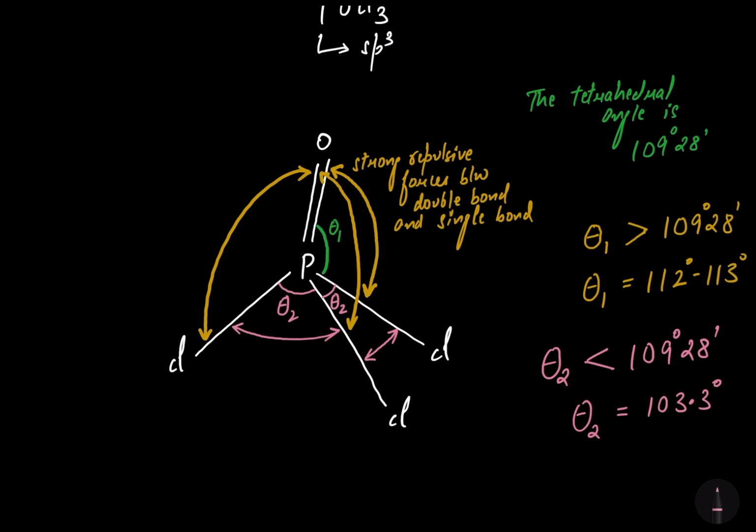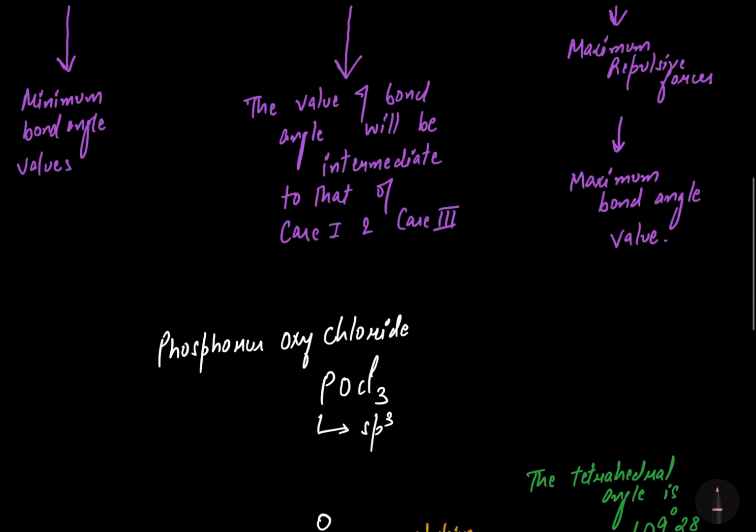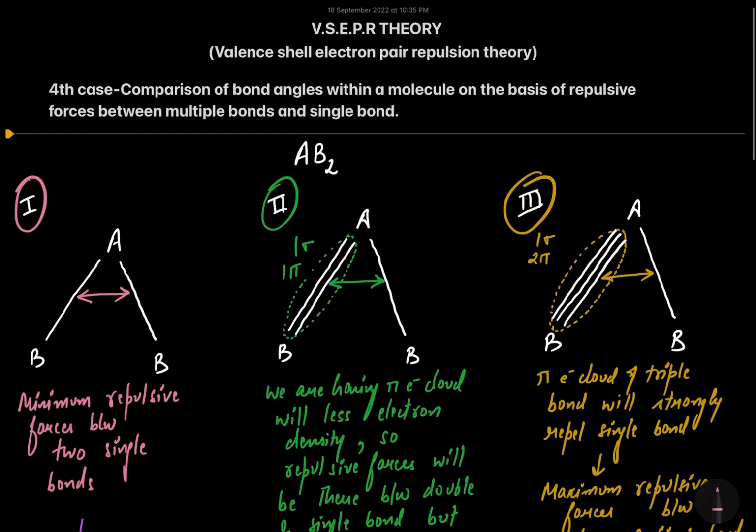So theta 1 comes out to be nearly 112 to 113 degrees, and theta 2 comes out to be 103.3 degrees. So that's all about case number 4 of VSEPR theory.